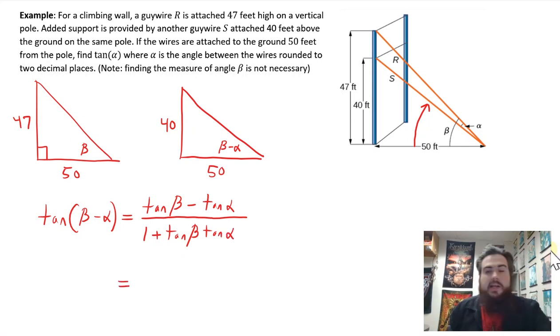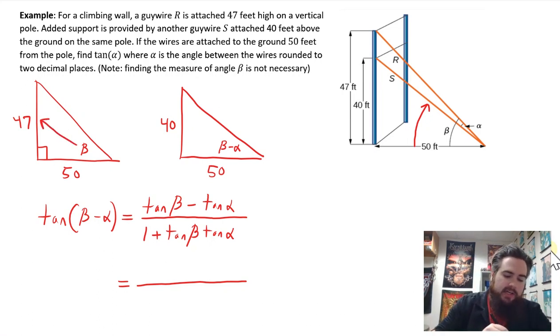With this identity, we can actually plug in values that we already know. I know tangent of beta because beta here has an opposite of 47 and adjacent of 50. Therefore, tangent of beta is simply 47 over 50. I don't know tangent of alpha because that is actually the question. That's what we're trying to solve for.